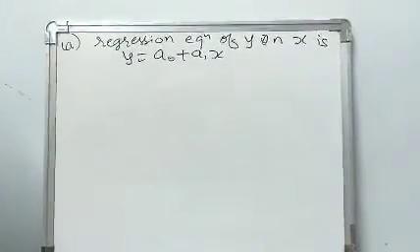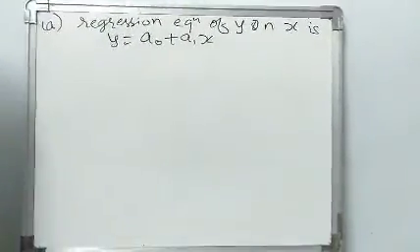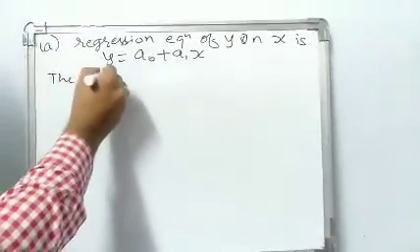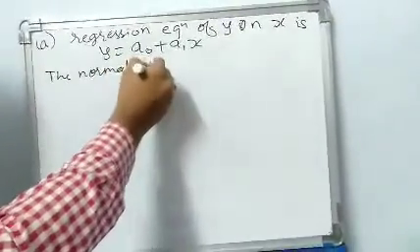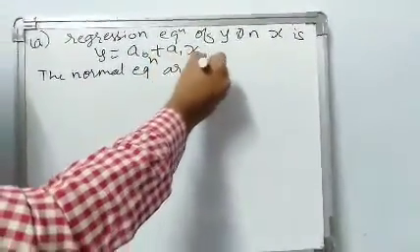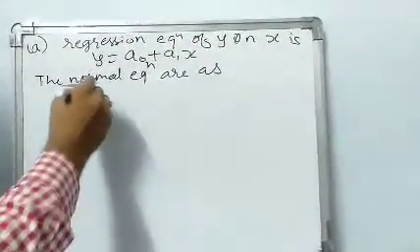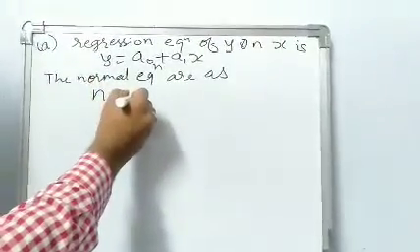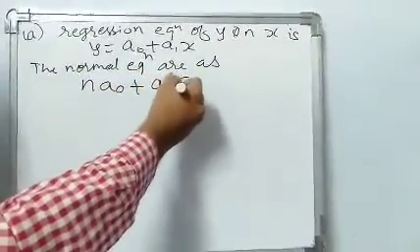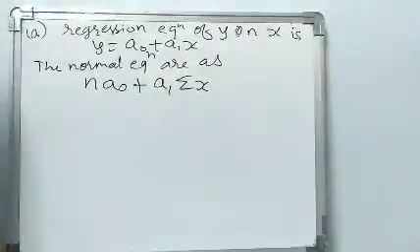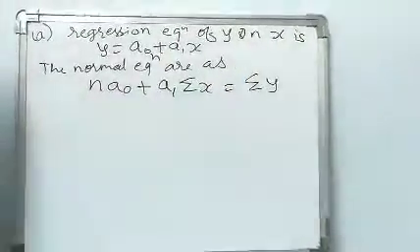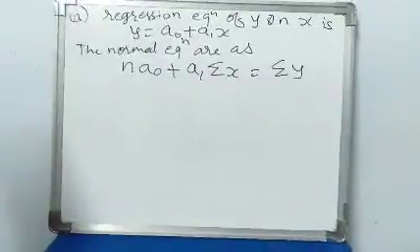Now the normal equations are as follows: n a0 plus a1 summation of x is equal to summation of y. This is one equation.